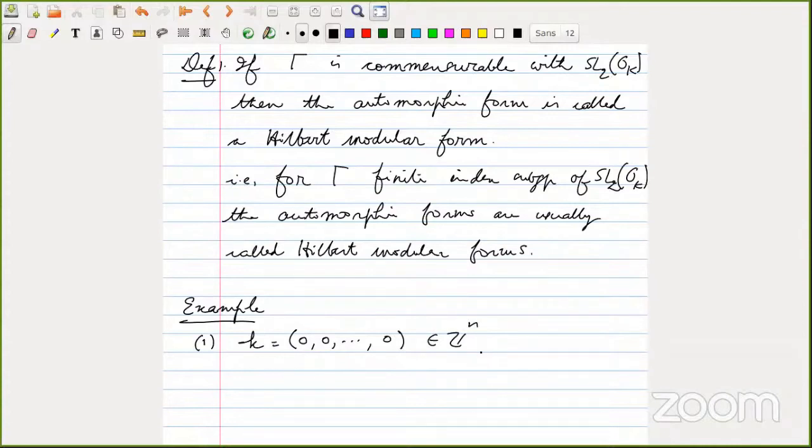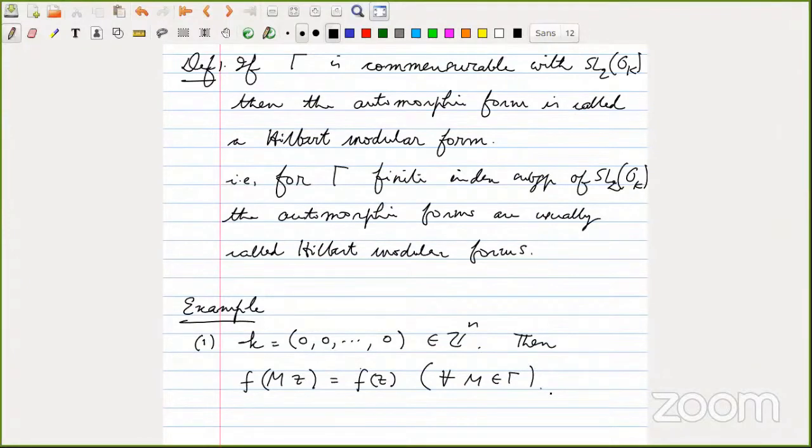So then I have f(γz) = f(z) for all γ in Gamma. Okay, so this is what we have.